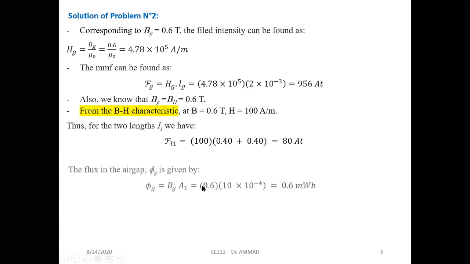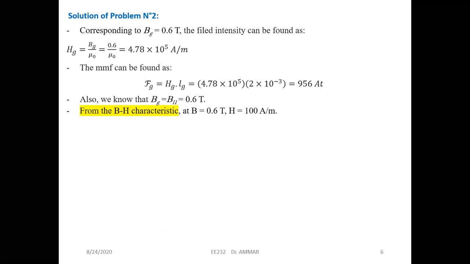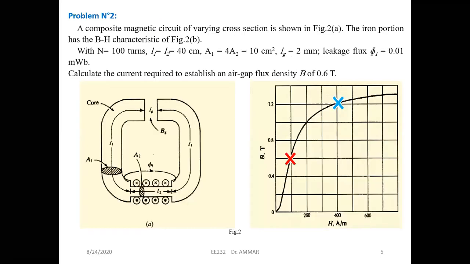But in L2, I think the leakage flux is considered because the flux created here in L2 is the total flux. Why? Because the coil is around L2. Maybe before the leakage had happened.